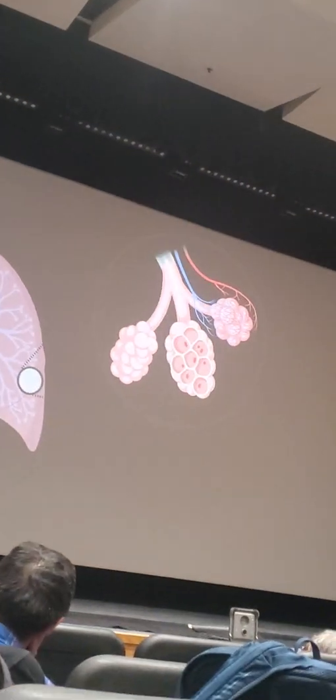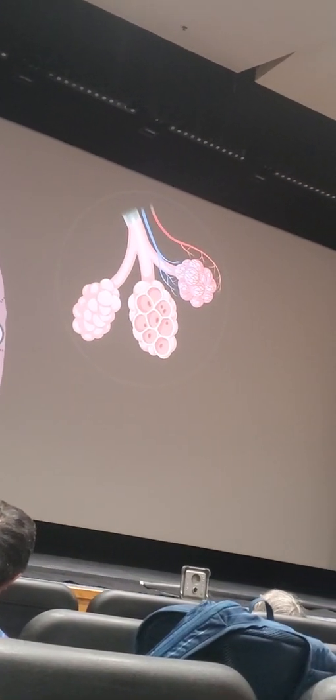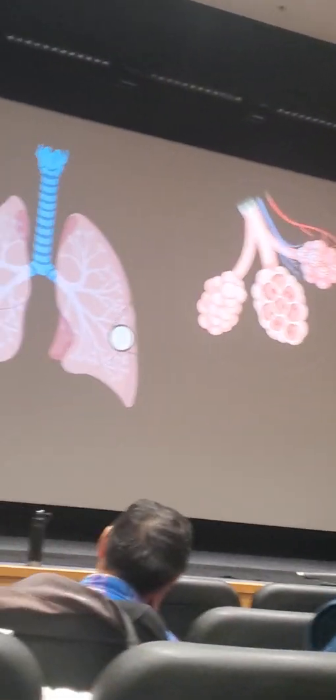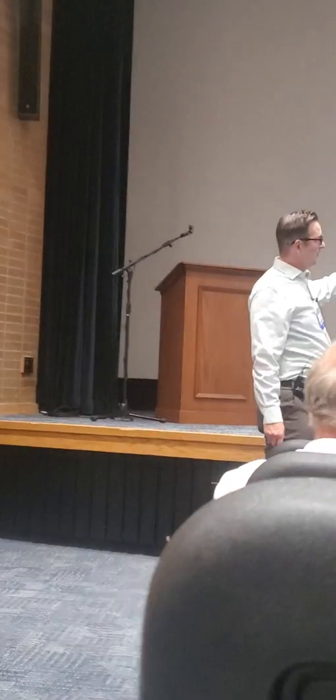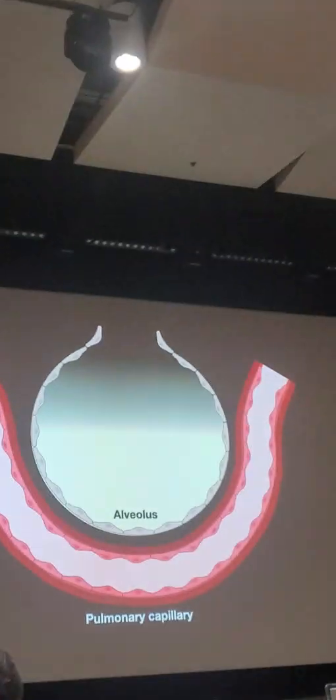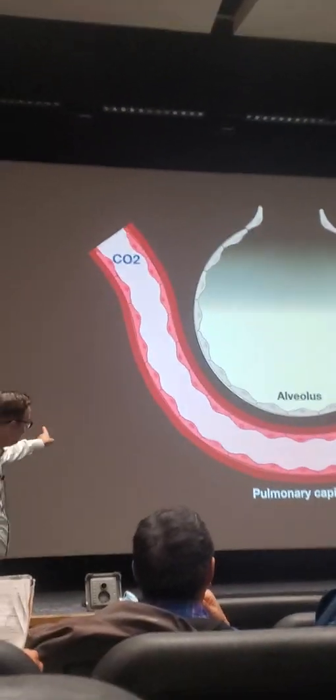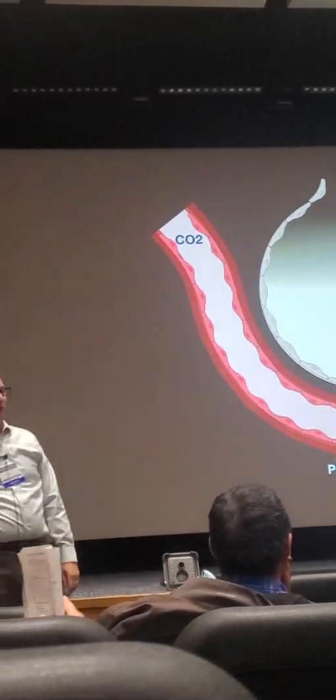Now, we take a look at those alveolar sacs. We've gone all the way down to these things that look like grapes, and that's where the gas exchange is occurring. So we're going to take one of those alveoli and blow it up. We have this thing called an alveolus, and what is its interface? There's something called a pulmonary capillary. Whenever I say pulmonary, what does that mean? Lungs. That's why they're called pulmonary arteries and veins.